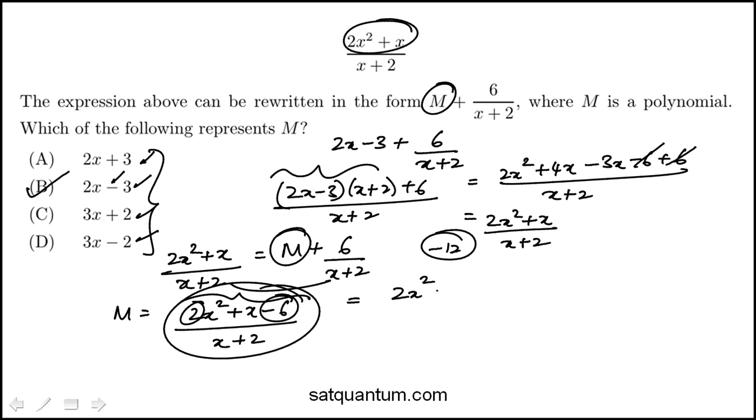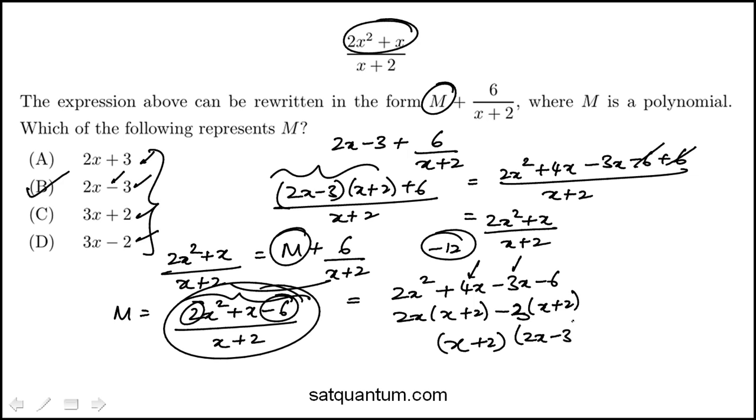So that's going to be plus 4x minus 3x, because 4 and minus 3 would give me minus 12. And then I factor this 2x here, x plus 2, factor a minus 3 here. I can't make these kinds of mistakes. And then pull out the x plus 2 and 2x minus 3. And of course, we have the x plus 2 in the denominator. That drops out, and we're left with, again, answer choice B.